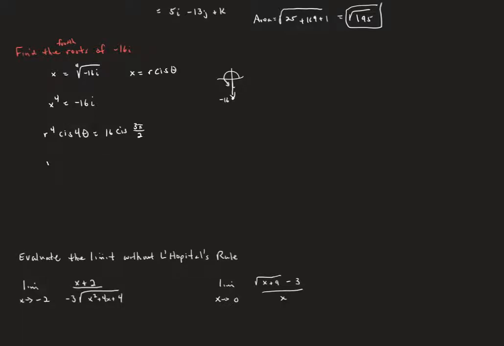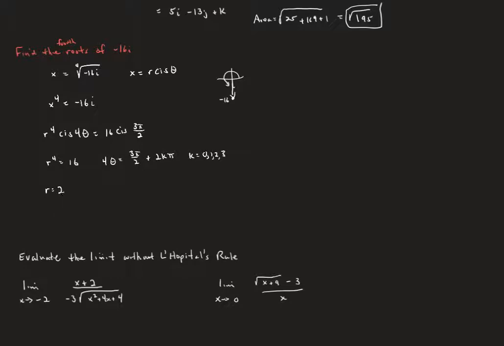Okay, then we can say r to the fourth is 16, and we can say 4 theta is going to be 3 pi over 2 plus 2k pi, where k, since we're going to have 4 fourth roots, we can go from 0 to 3 for k.